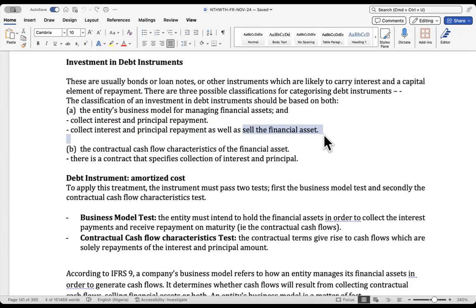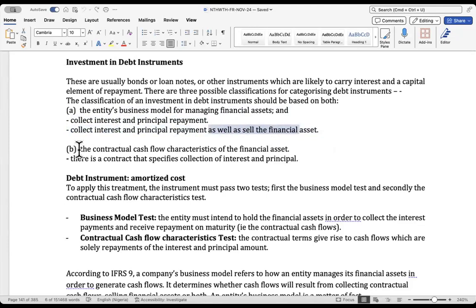Collecting interest and principal is a constant way you make money when investing in debt. So for your business model, either you're collecting interest and principal, or in addition, you can also sell.